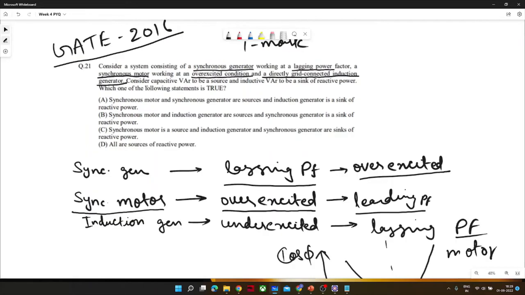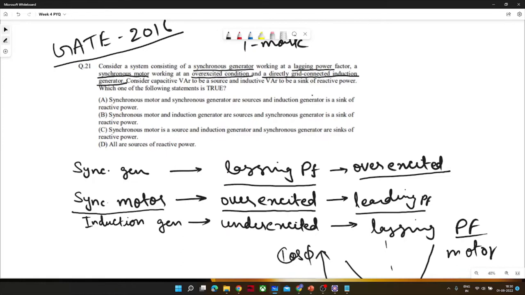So the problem was regarding considering the capacitive load to be a source and the inductive load to be a sink. They tried to confuse more: the inductive load is a sink of reactive power, or the capacitive load is a source of reactive power.